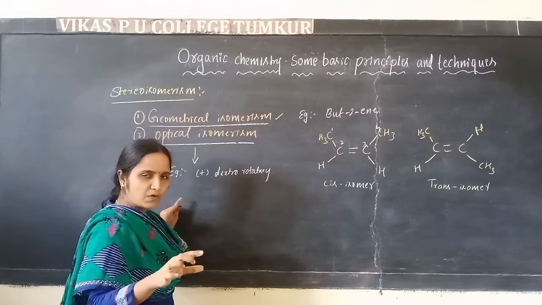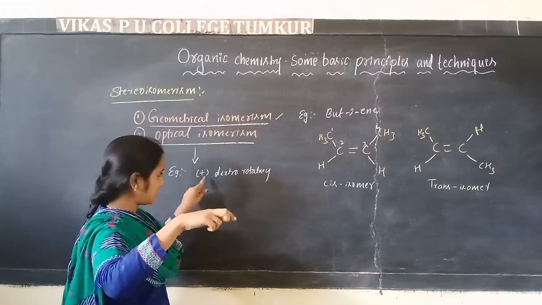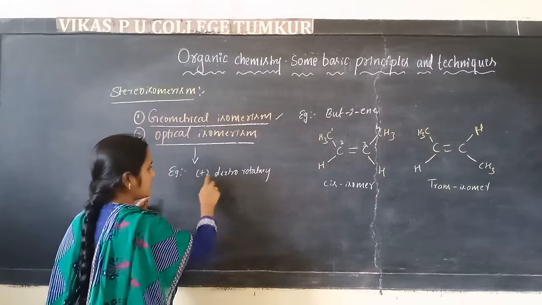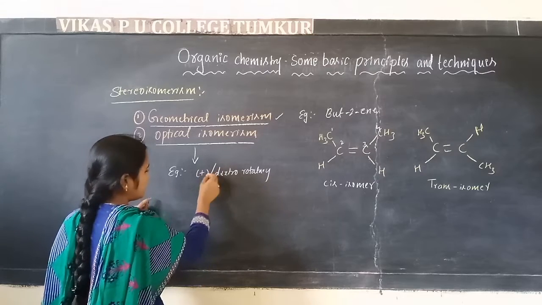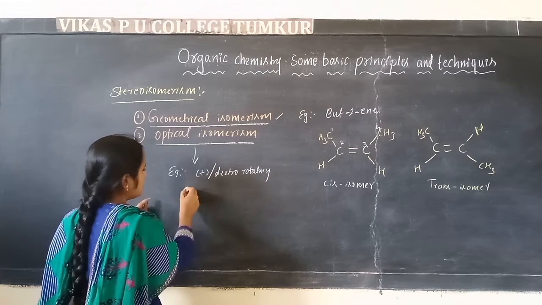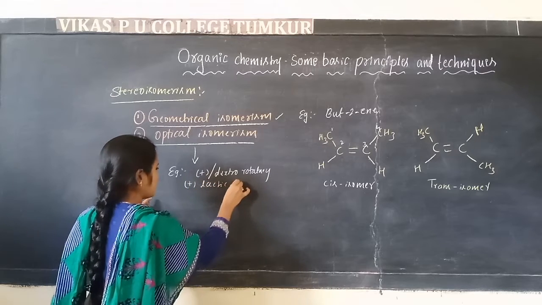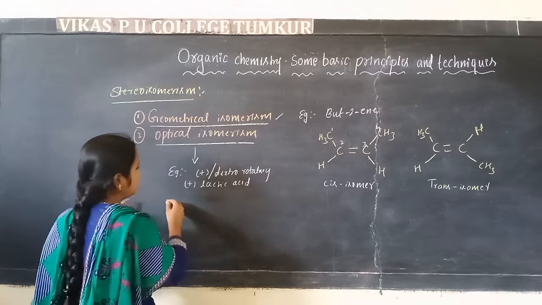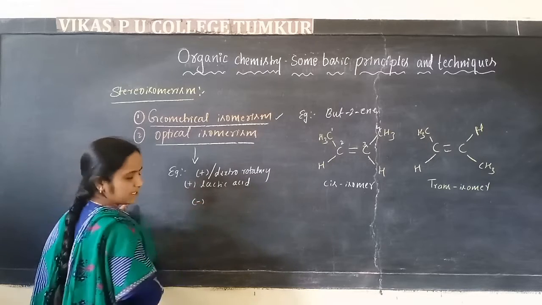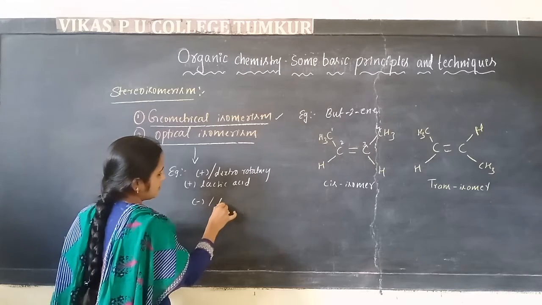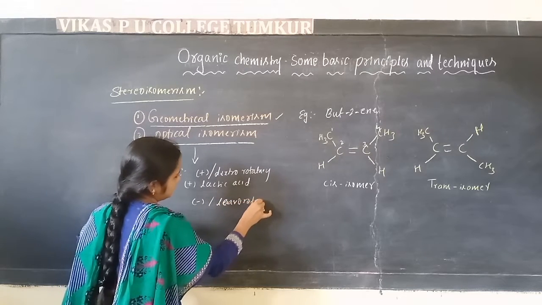If the compound rotates the plane polarized light to the right, we call it dextrorotatory, and we indicate it by the plus sign. The example is plus lactic acid. Then levorotatory is indicated by the minus sign.